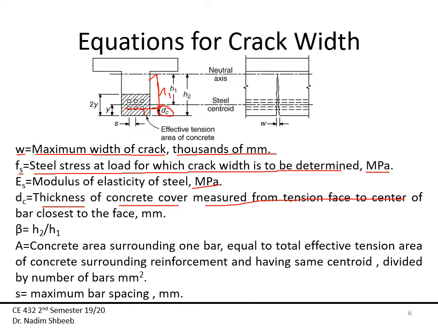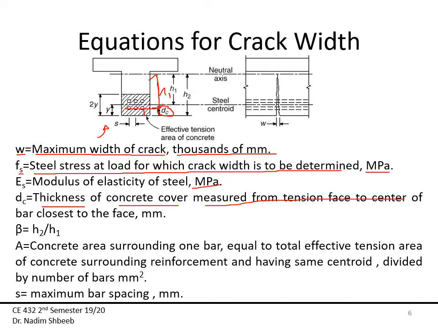A is the concrete area surrounding one bar, equal to the total effective tension area of concrete surrounding reinforcement and having the same centroid, divided by the number of bars, in millimeters squared. So if you look at the figure above, now y is the distance to the center of the reinforcement.